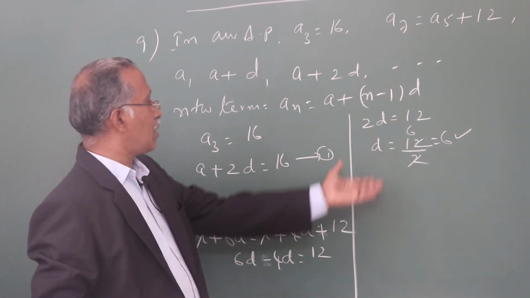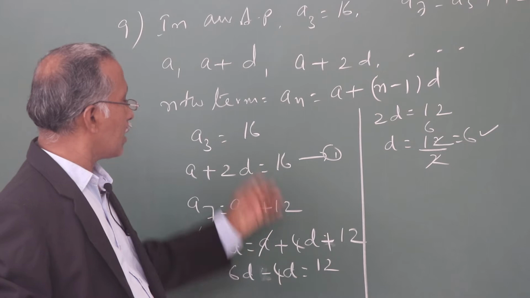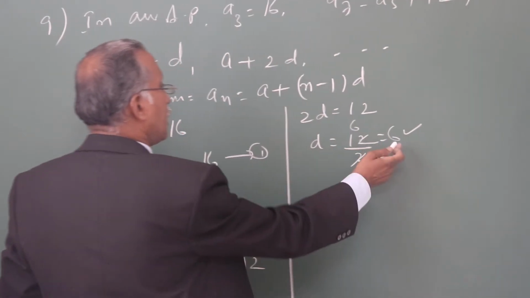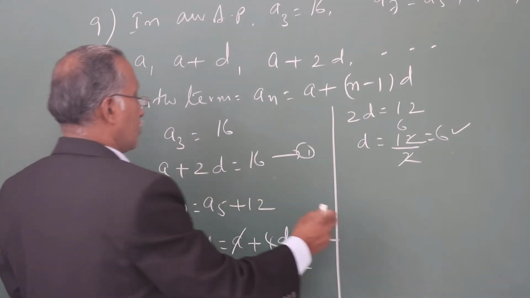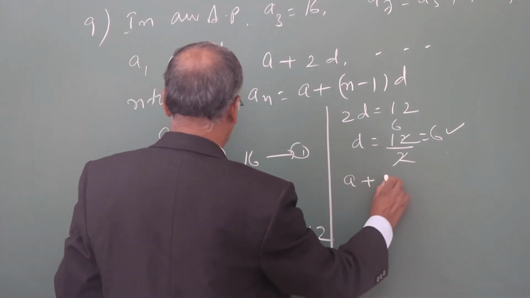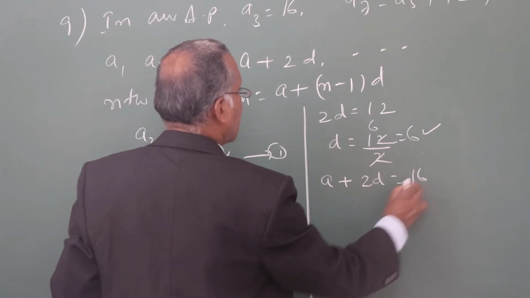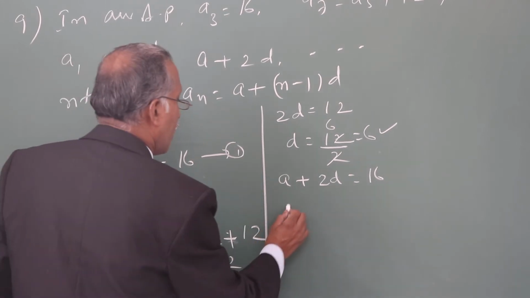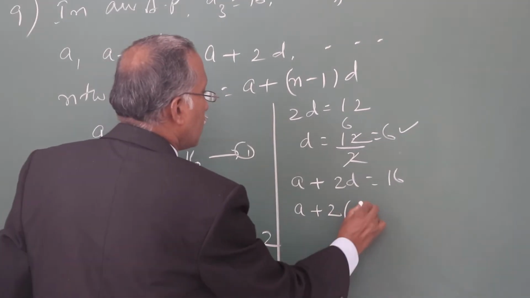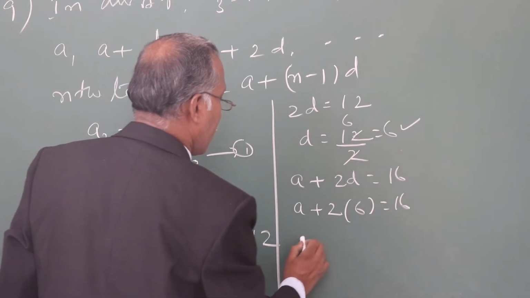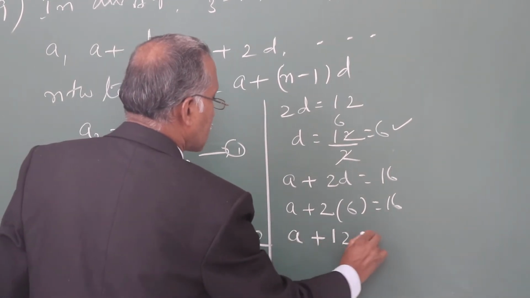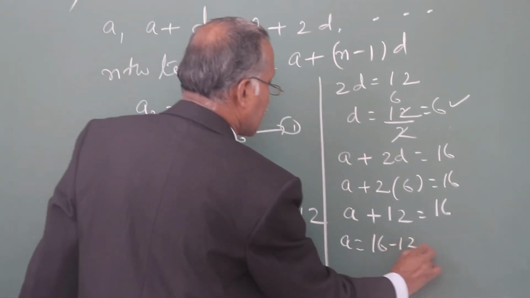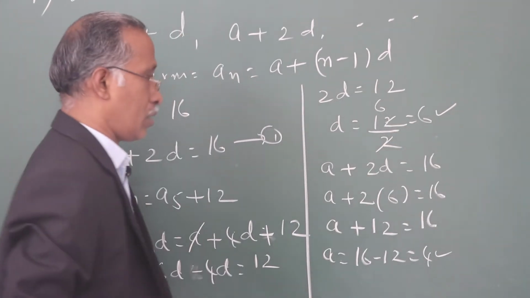By substituting this value in the first equation, you can calculate A. Substituting D equals 6 in equation 1, A plus 2D equals 16. Then A plus 2 into 6 equals 16. A plus 12 equals 16. A equals 16 minus 12, which equals 4.